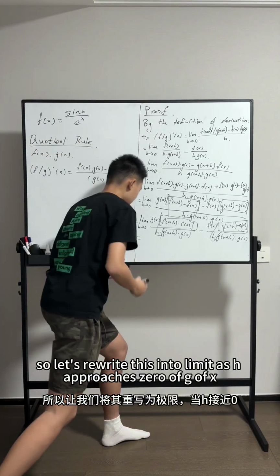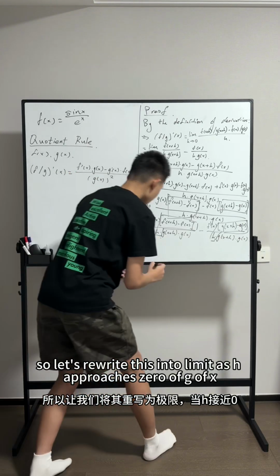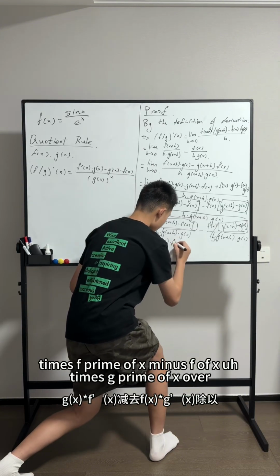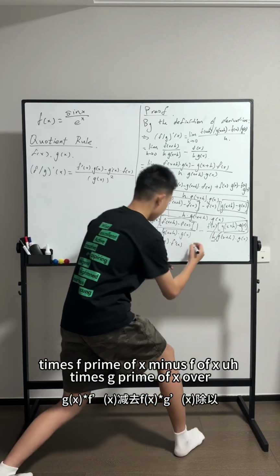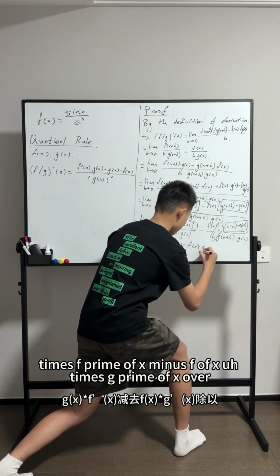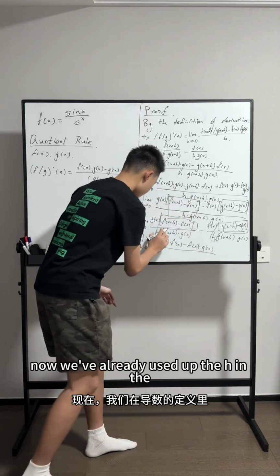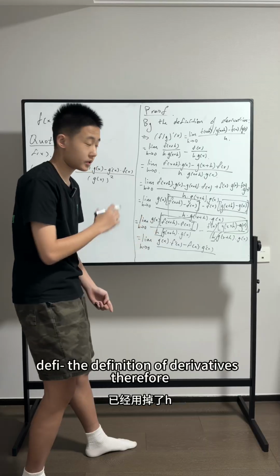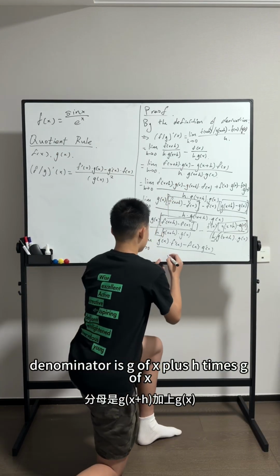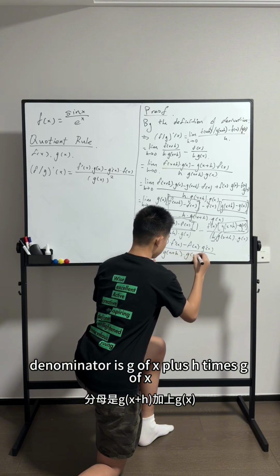So let's rewrite this into limit as h approaches 0 of g of x times f prime of x minus f of x times g prime of x over. Now, we've already used up the h in the definition of derivatives. Therefore, what we're left with on the denominator is g of x plus h times g of x.